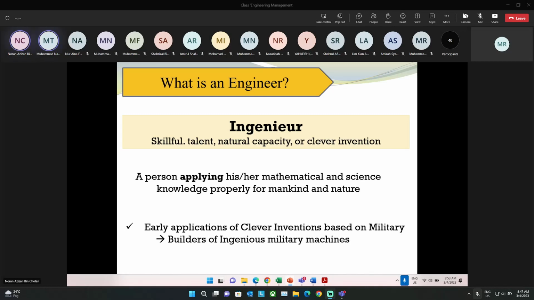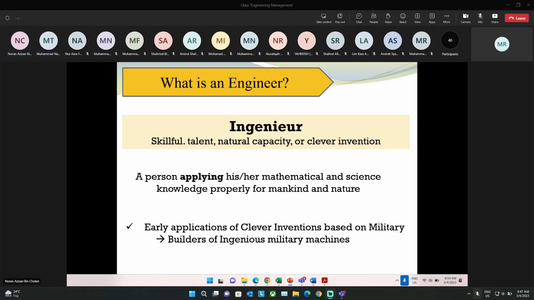There is a definition of engineer. I don't remember, I think in Latin language. The meaning of the engineer is a skillful, talent, natural capacity, or clever invention. So I think you are familiar with engineer, right?